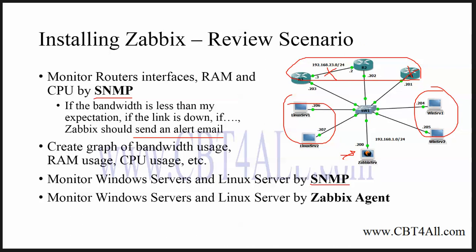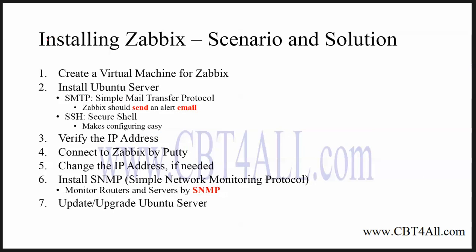So let's jump in. At first, we will install a virtual machine for Zabbix, and we will install SMTP. Why SMTP? Because we have to send an alert email. I recommend we use SSH to make configuring the Zabbix server secure and easy as well.